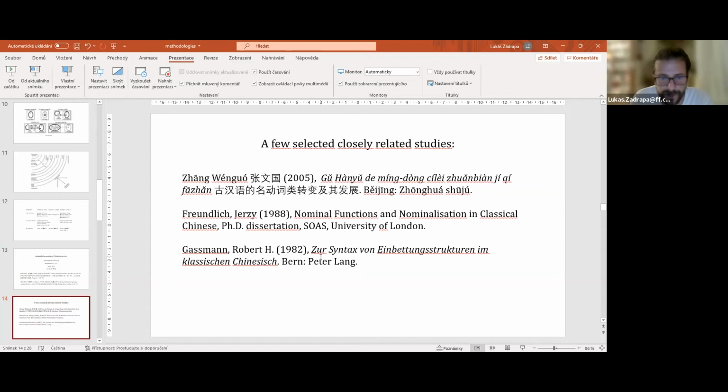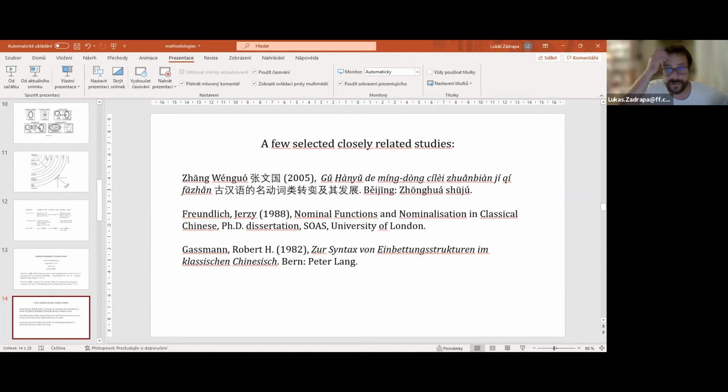So I can mention, for example, a very nice book by Zhang Wenguo, which in very close terms and in a very similar perspective studies this phenomenon of noun-verb and verb-noun transitions in Chinese, without referring to any cognitive grammar or radical construction grammar typology, just simply relying on Chinese domestic linguistics, but again, he comes to very similar conclusions, and he has nice tables of nouns becoming verbs and verbs becoming nouns, with some statistics and so on. So this is something I appreciated when I worked on my dissertation.